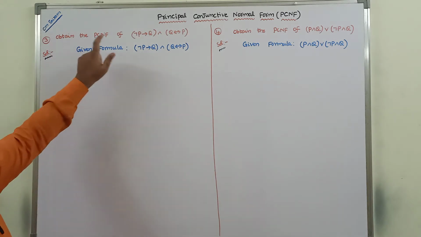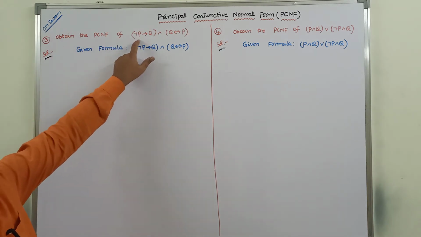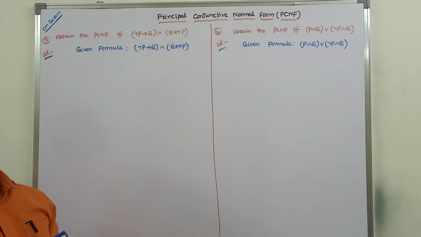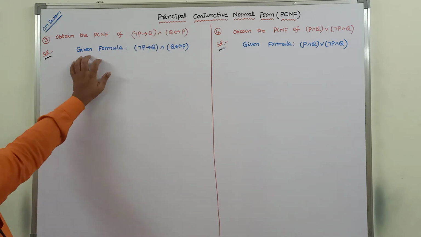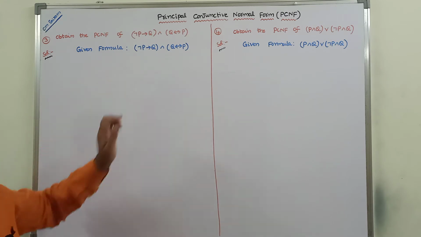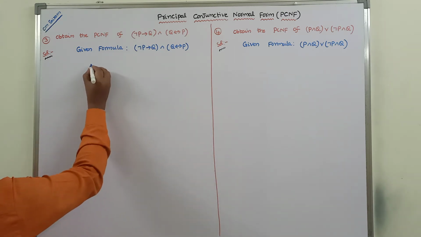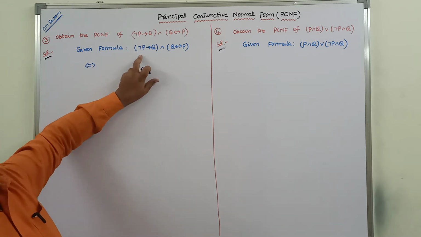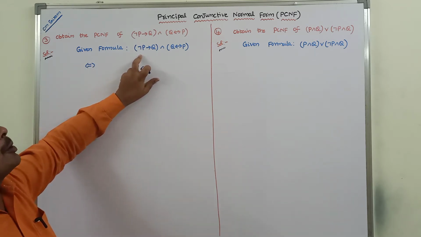Obtain the PCNF of negation P conditional Q and Q biconditional P. So the given formula is this one. For the given formula we have to find out the equivalent PCNF.